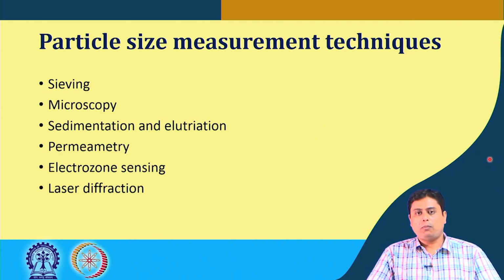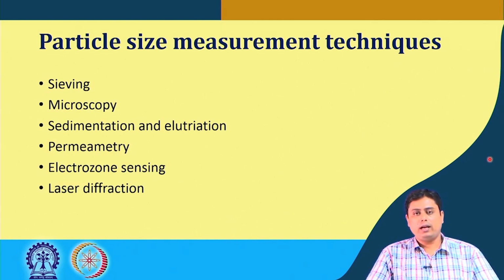So, the point I want to mention here is that although we started with a single particle, you can understand that in industrial application a single particle size or its shape is a kind of irrelevant matter, because there we handle bulk particulate solids. If there is not a mono-sized or uniform sized particle, which is very difficult to achieve or has rather limited applications, we typically have a wide range of particle sizes and shapes.